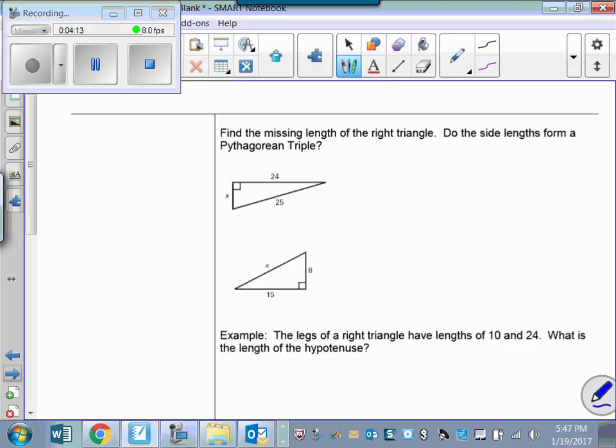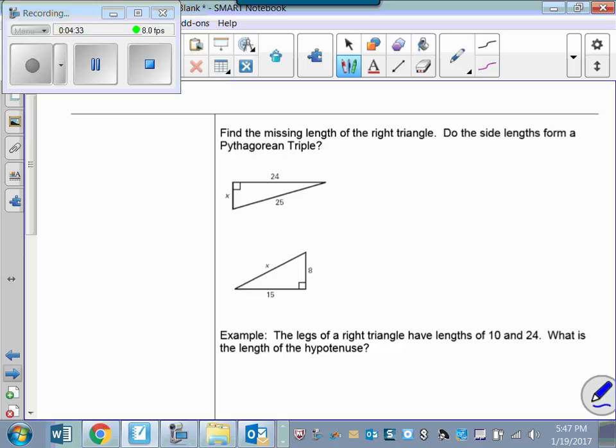Okay, got some example problems here. Find the missing length of the right triangle. That's kind of worded funny. We want to find x here, people. We want to find the missing leg length, right? We got the hypotenuse is 25. And then the question is, do the side lengths form a right triangle?